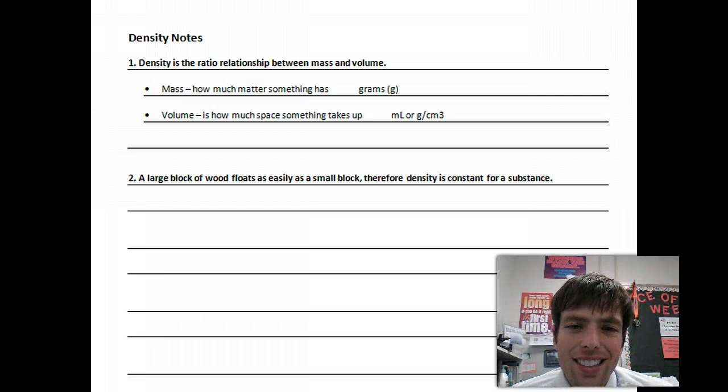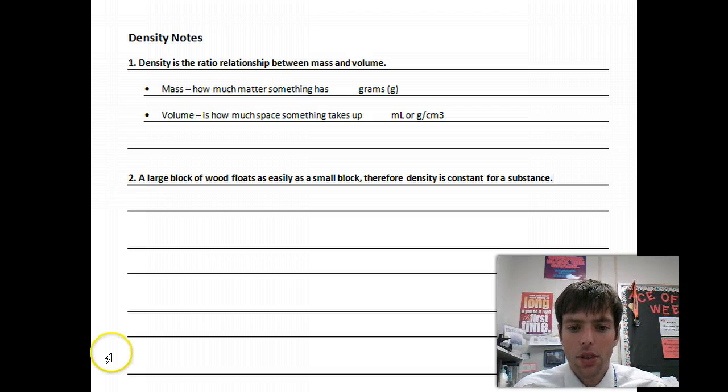I know that tricked you guys up a little bit because you saw the Coke and Diet Coke and thought, oh, if there's more of something, maybe that's why it sank. So when it came to the large piece of wood, you were thinking, oh, this is a bigger piece of wood, I bet it's going to sink because it's got more stuff. But remember, if you're the exact same substance, it doesn't matter whether you're big or small, you're either going to float or sink the same.